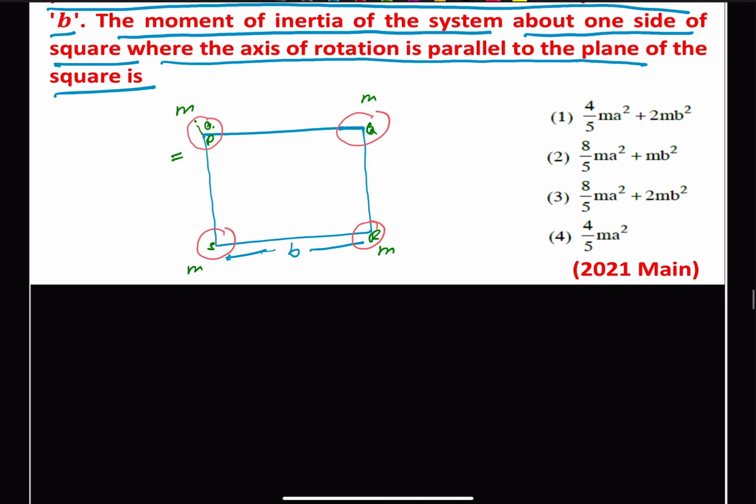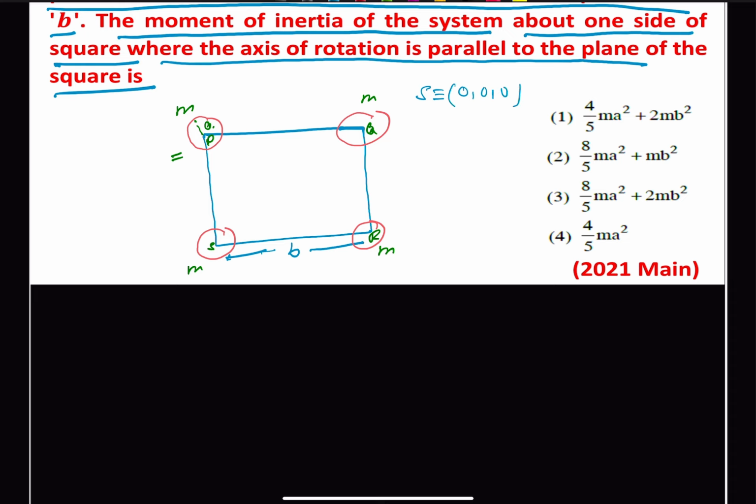And here, let's mark their coordinates. We take S as the origin, so S has coordinates 0, 0, 0.